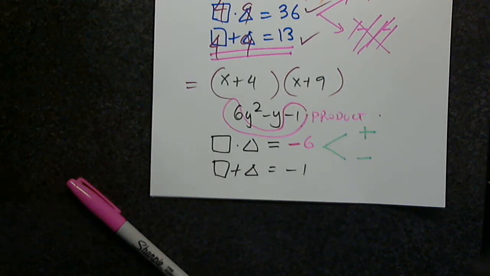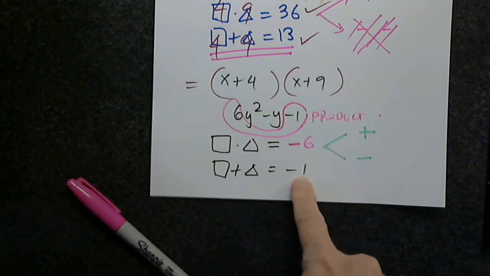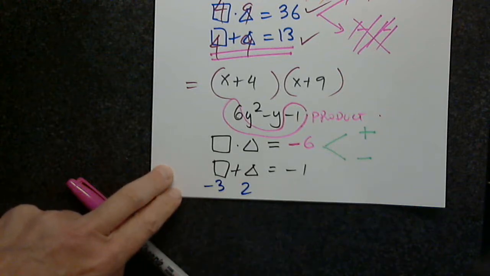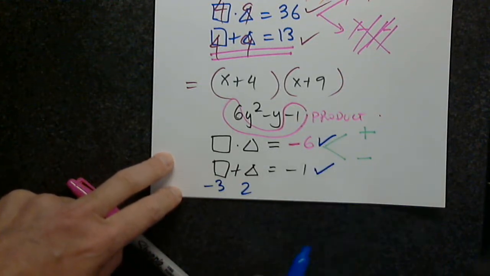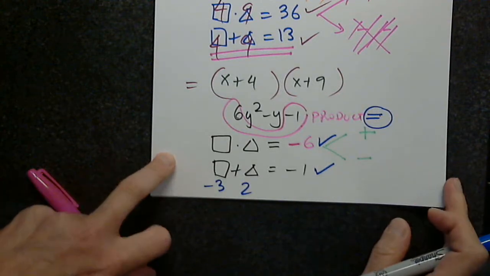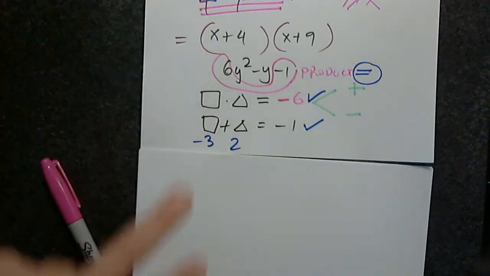Therefore, what do I do next? I have to find 2 numbers, 1 positive, 1 negative, whose product is this and whose sum is this. Very good: negative 3 and 2, or 2 and negative 3, doesn't matter. Both conditions are fulfilled. However, you cannot write the answer at this stage.